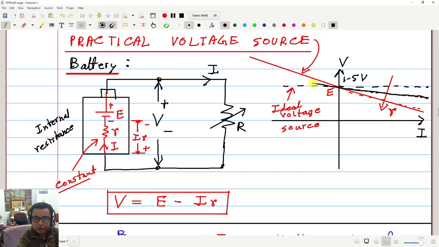Like this is one straight line for one value of little r, then maybe another straight line is like this for another value of little r. For a particular value of little r, the graph is a straight line, and for different values of little r, we will get different straight lines.